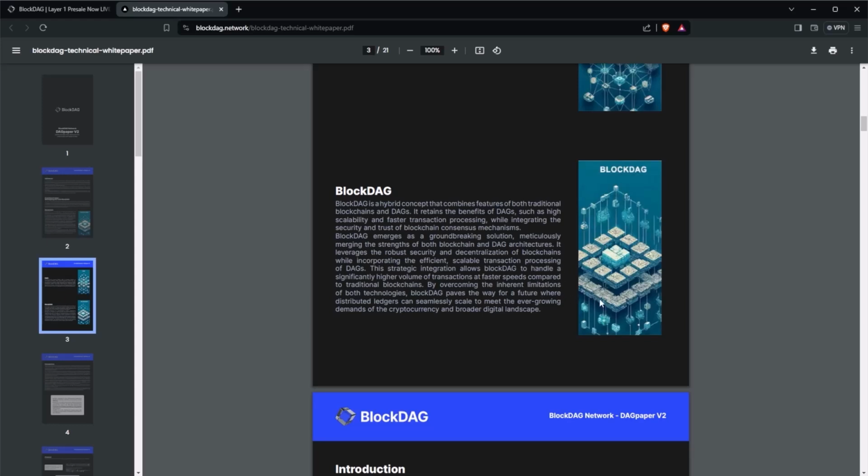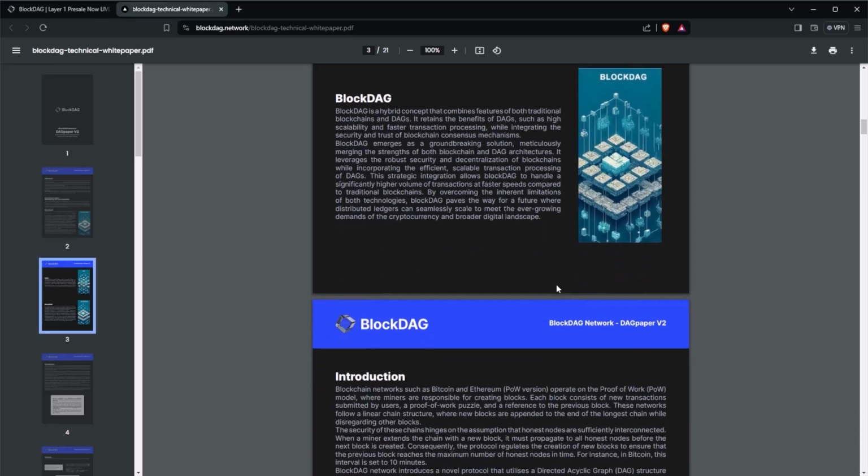This strategic integration allows BlockDAG to handle a significantly higher volume of transactions at faster speeds compared to traditional blockchains. By overcoming the inherent limitations of both technologies, BlockDAG paves the way for a future where distributed ledgers can seamlessly scale to meet the ever-growing demands of the cryptocurrency and broader digital landscape.